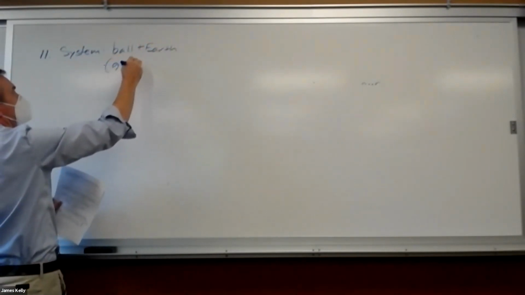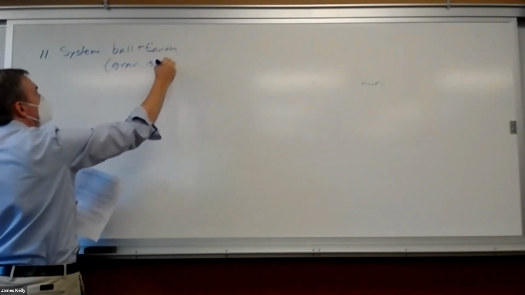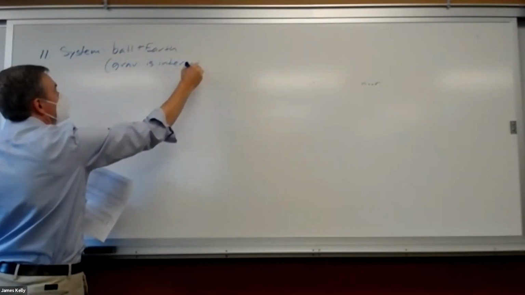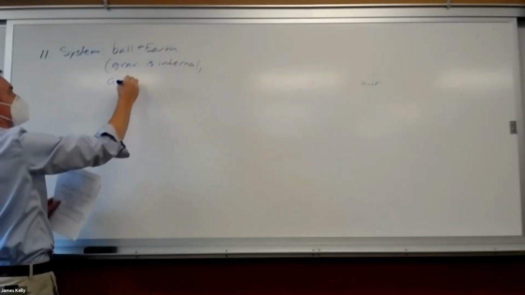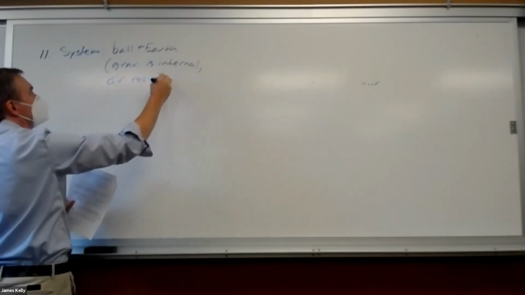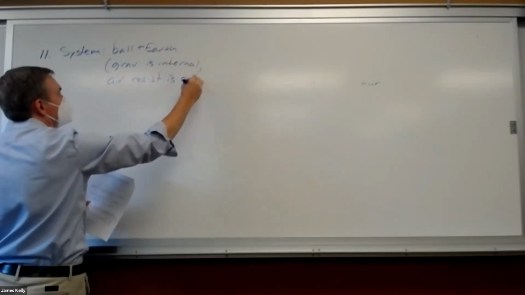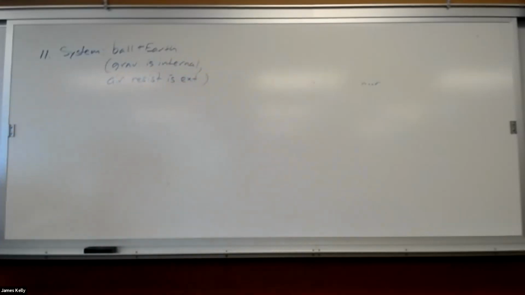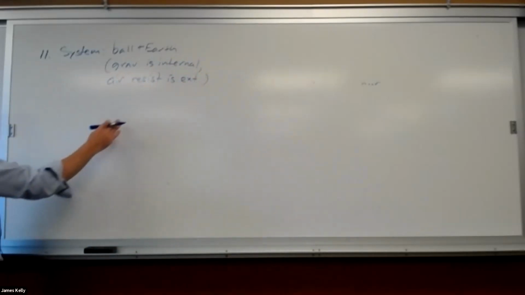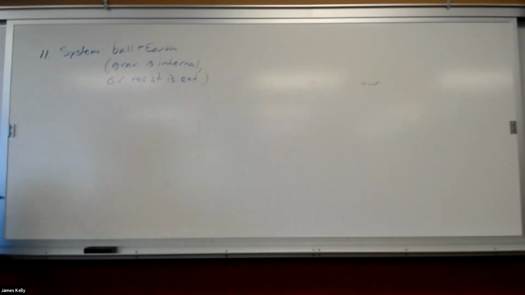The gravitational force is internal, but air resistance is an external force. And I think gravity and air resistance are the only forces actually doing work on the moving parts of this thing as it goes from initial to final.